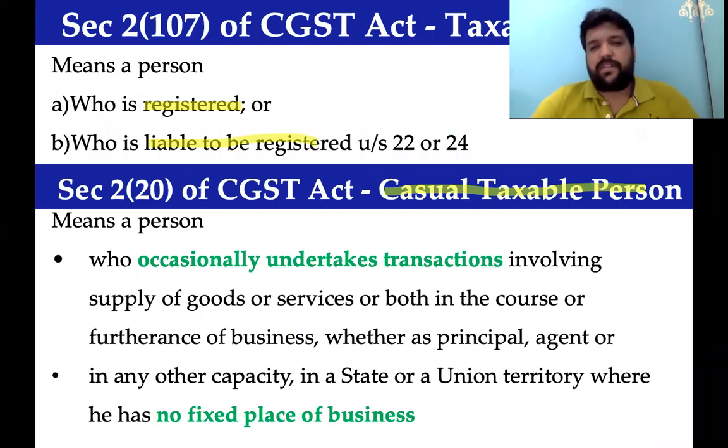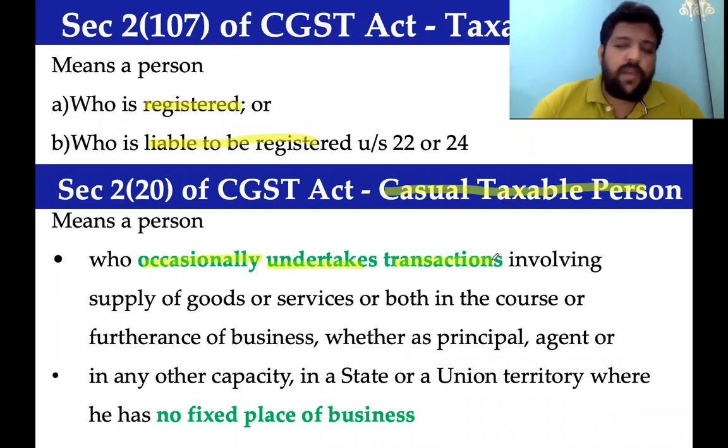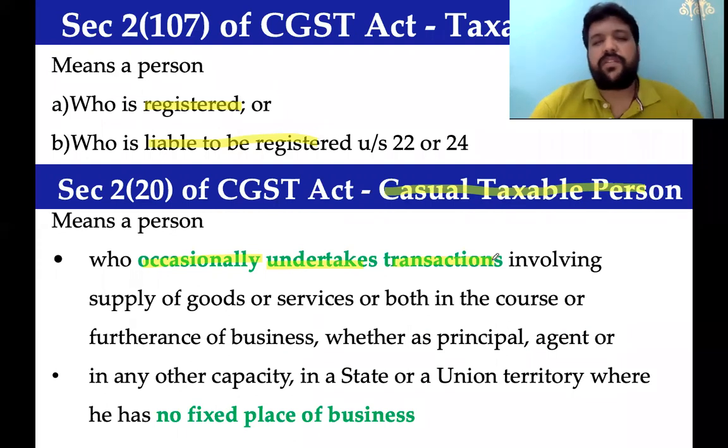Casual taxable person. The name itself suggests they are not into regular business in that place. They are occasionally going to do business. It means who occasionally undertake transactions involving supply of goods or services in the course or furtherance of business, either in the capacity as principal, agent or any other case, in a state or union territory where they have no fixed place of business.